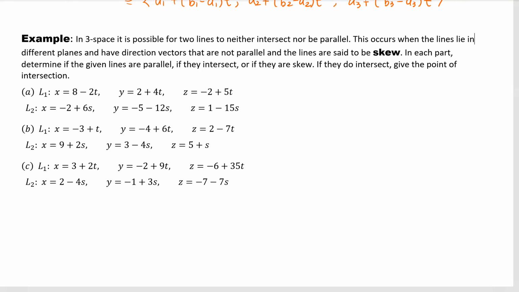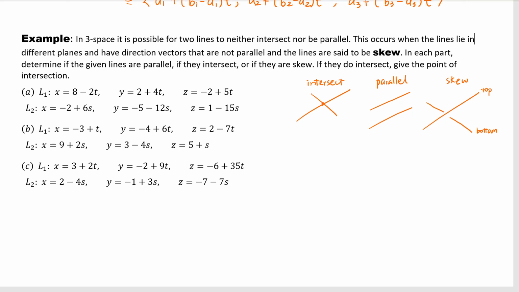If they do intersect, give the points of intersection. So we can have intersect, parallel, or skew. For skew, you have one line, and the other line is on top of it, in a different plane.